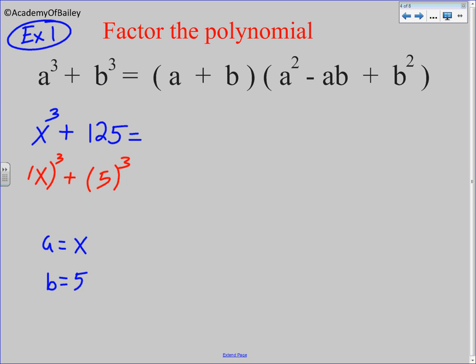Okay, once you have that, you just basically plug things in. It's a plus in between, so the first parentheses is a plus, and you just add a and b.